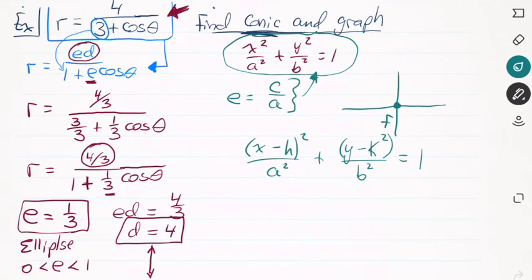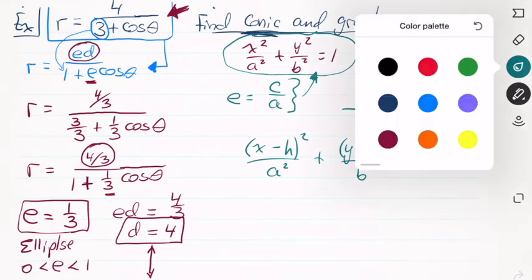I know my focus is on the x-axis, so right off the bat this k is equal to 0, because we're not going up and down. We're not translating it. We're shifting it left or right depending on a few things. So when we talk about a here, let's say our center point is here.